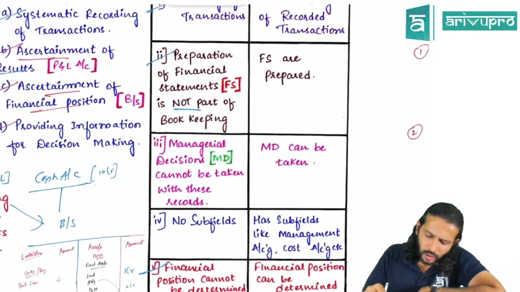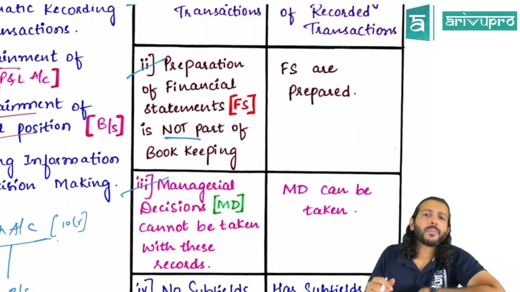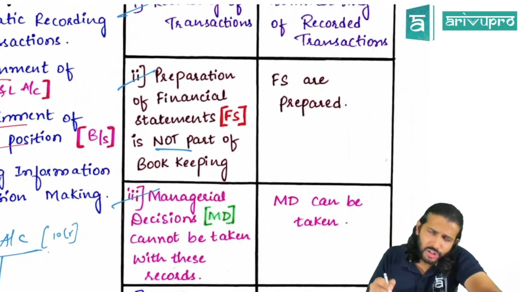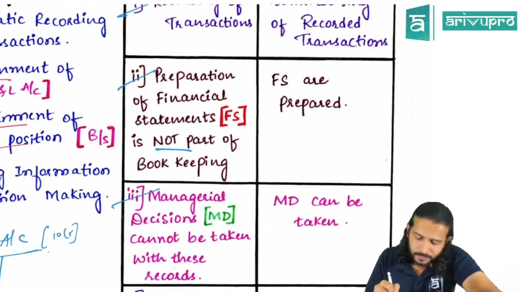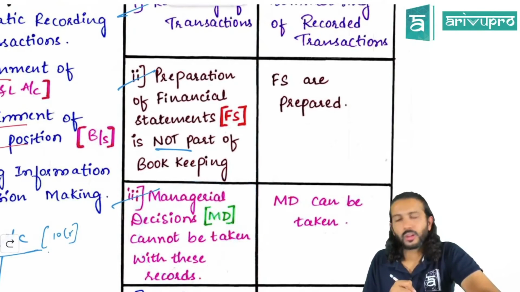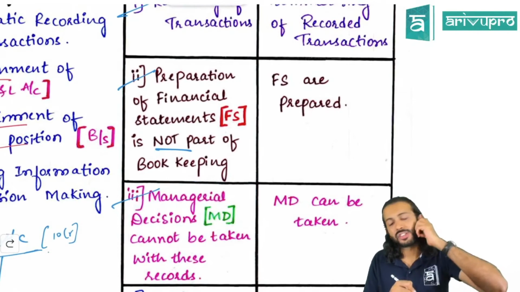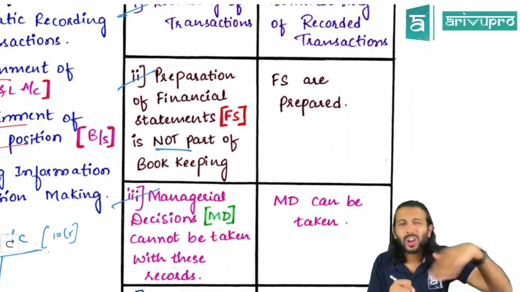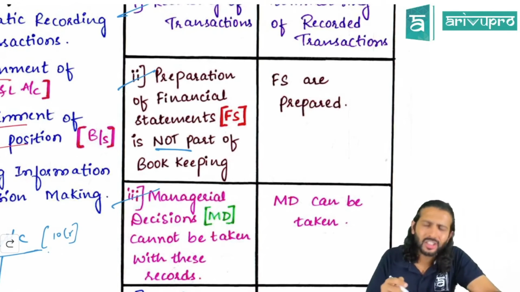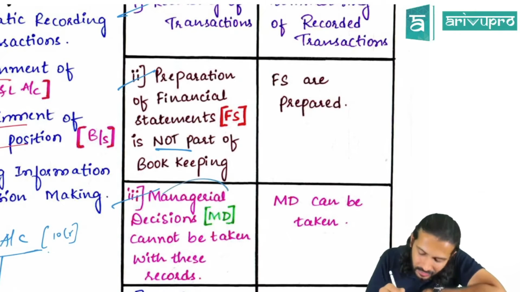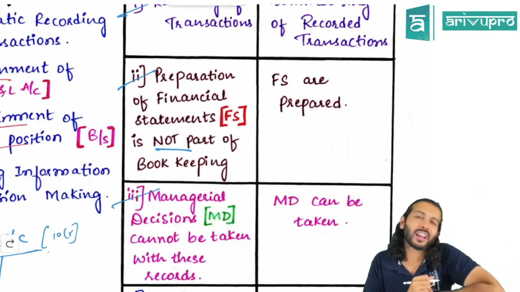Now, decision making. Can you take a decision just with the help of bookkeeping? Can you take a decision just with the help of a journal? No, you require a lot more data than the journal. So decisions cannot be taken with the help of these bookkeeping records.